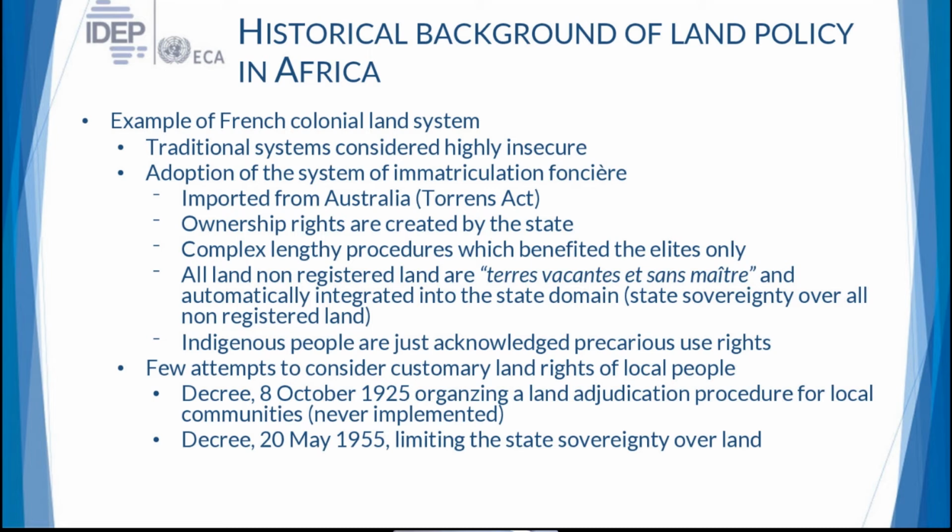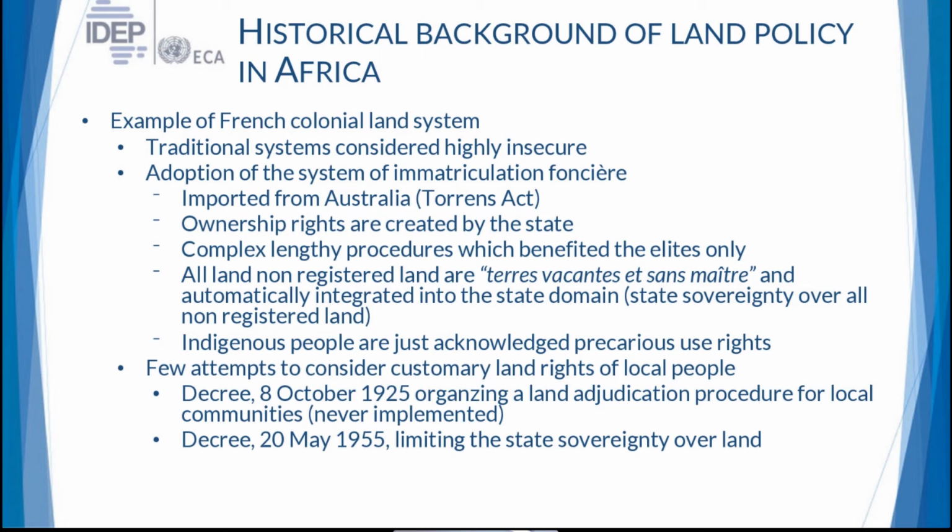Therefore, indigenous people's rights are just considered as precarious use rights. You can use the land, but if the state needs these lands, it will just be taken from you because you are not the owner according to the Torrens system.